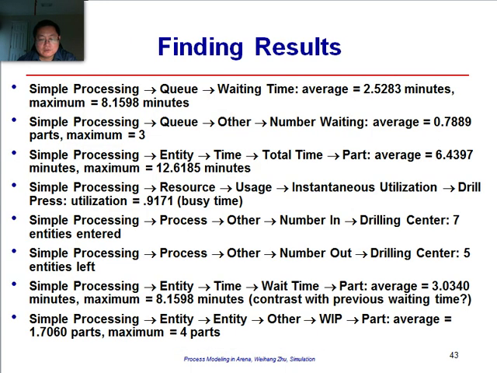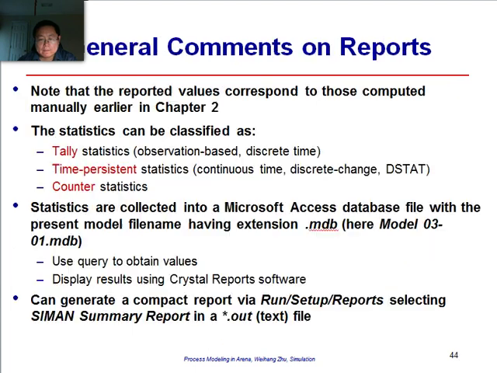There is a lot of information presented in the simulation report. The results cover the queue, the entity, the resource, and the process. These results are similar to what we got in Chapter 2 for the same model. We shall recall that there are three types: tally, dstat, and counter.